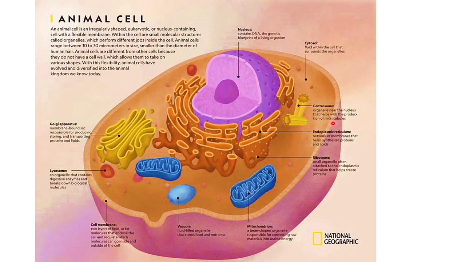We also have the centrosome, that is such an organelle that is present near the nucleus and helps with the production of the microtubules. We will have a closer look about the microtubules, the centrosome, and each and every nucleus in the later videos. This is the endoplasmic reticulum, and it provides a particular network of membranes that helps to synthesize the proteins and lipids as well.